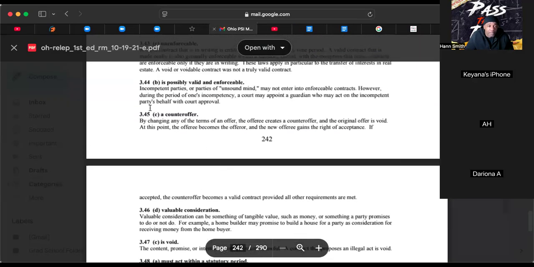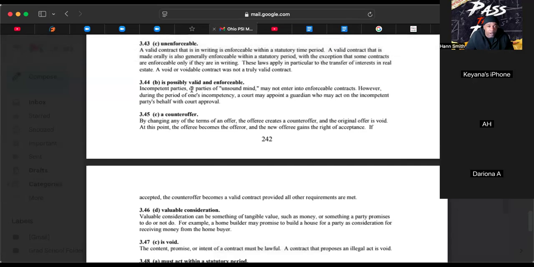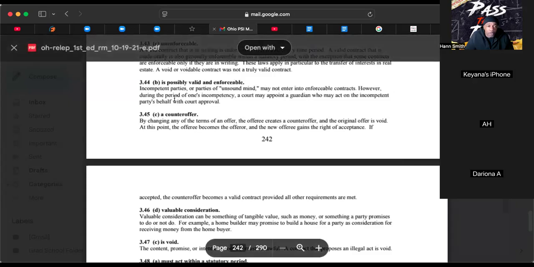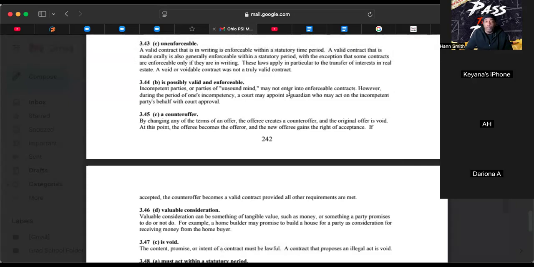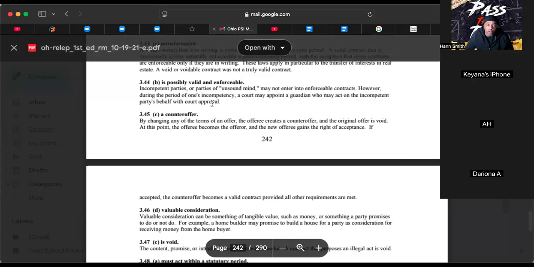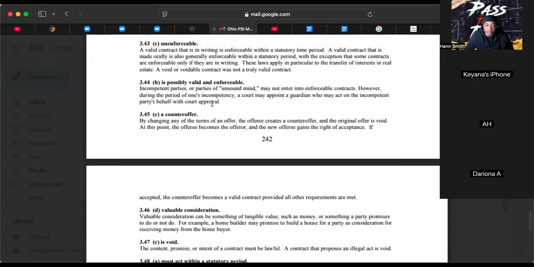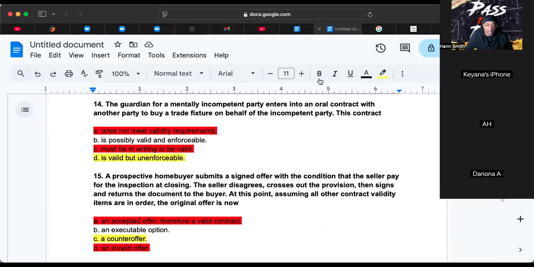It says incompetent parties or parties of unsound mind may not enter into enforceable contracts. However, during the period of one's incompetency, the court may appoint a guardian who may act on the incompetent party's behalf with court approval. But it didn't tell us why it's possibly valid and enforceable. What was the answer that we selected?